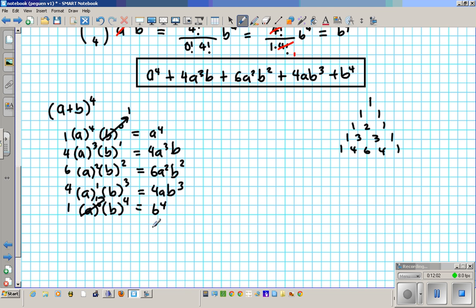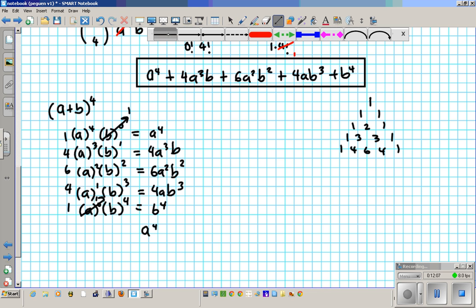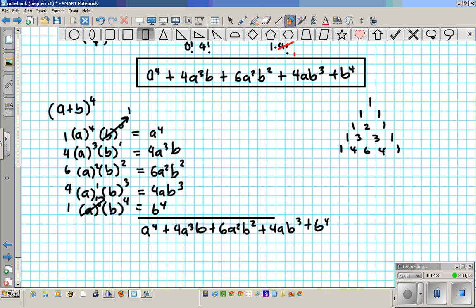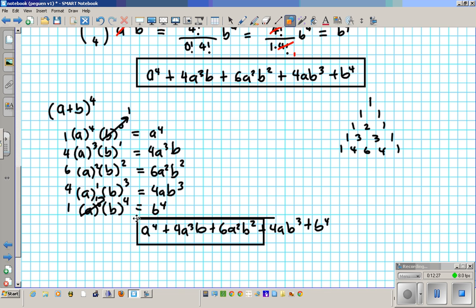Our answer is going to become the sum of all these terms that we just generated from Pascal's triangle: a to the 4th plus 4a to the 3rd b plus 6a squared b squared plus 4ab to the 3rd plus b to the 4th. Okay? Alright, so looking at the two methods, think about it. Which one do you prefer for this problem?